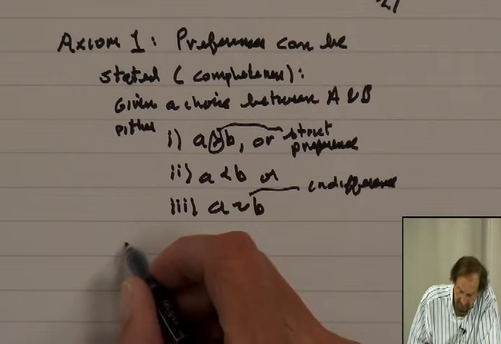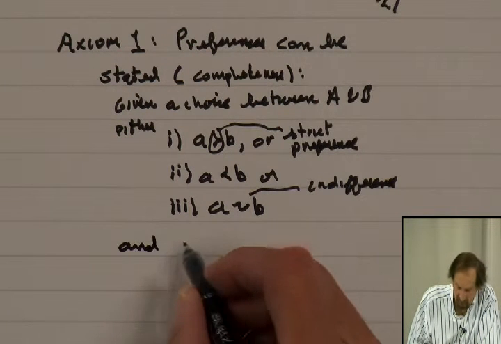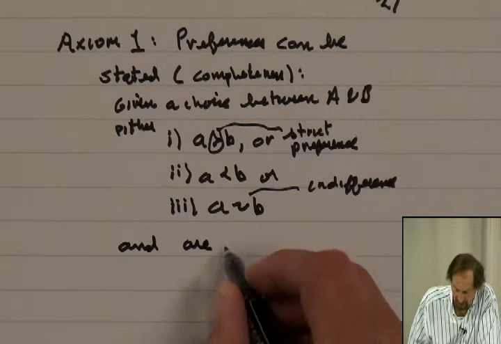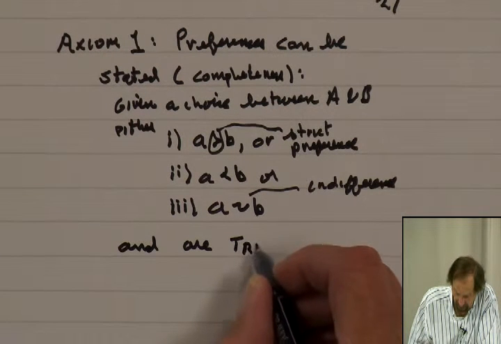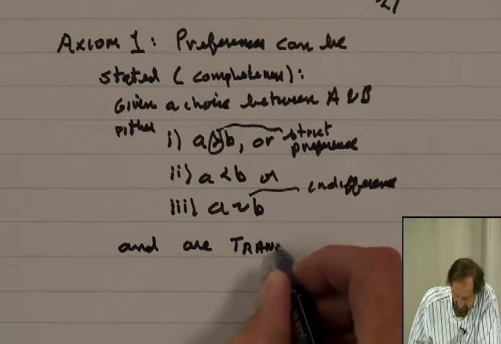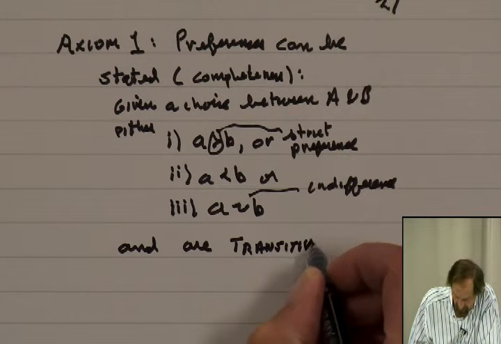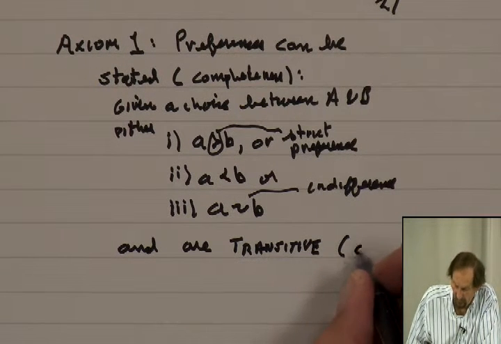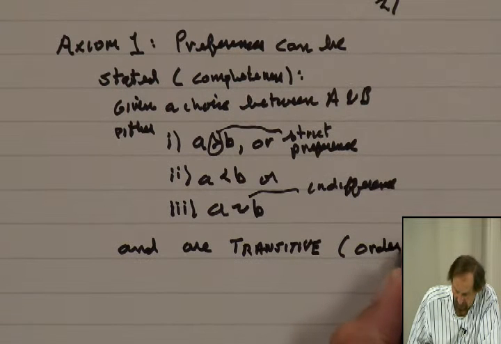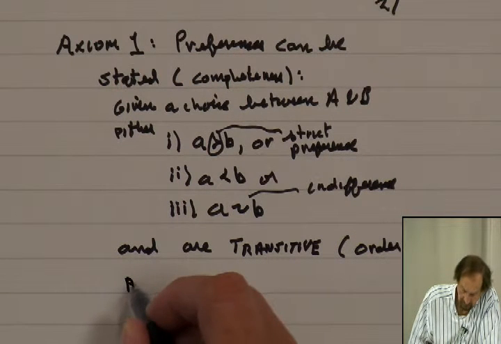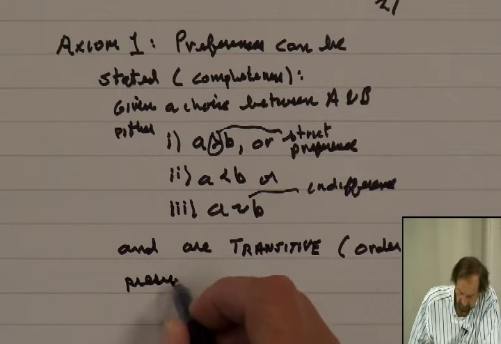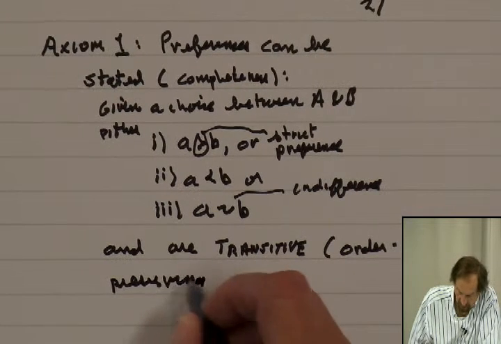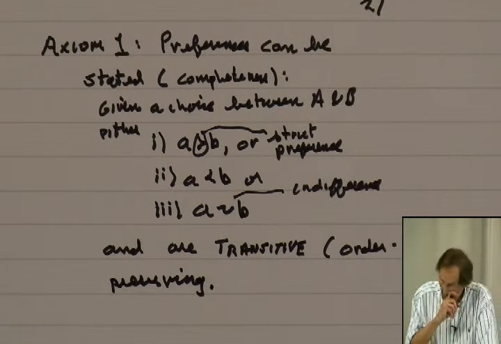And then we say they are transitive. This transitive, we could call this order preserving. So what do we mean by that?